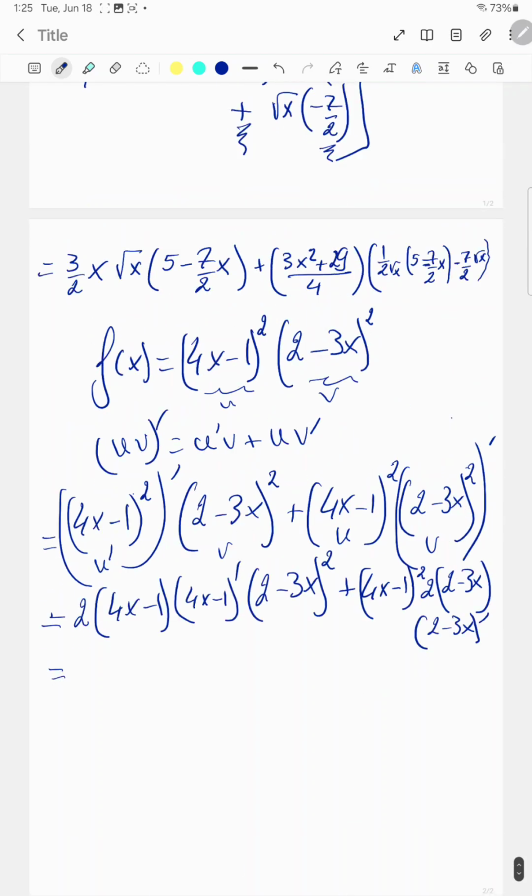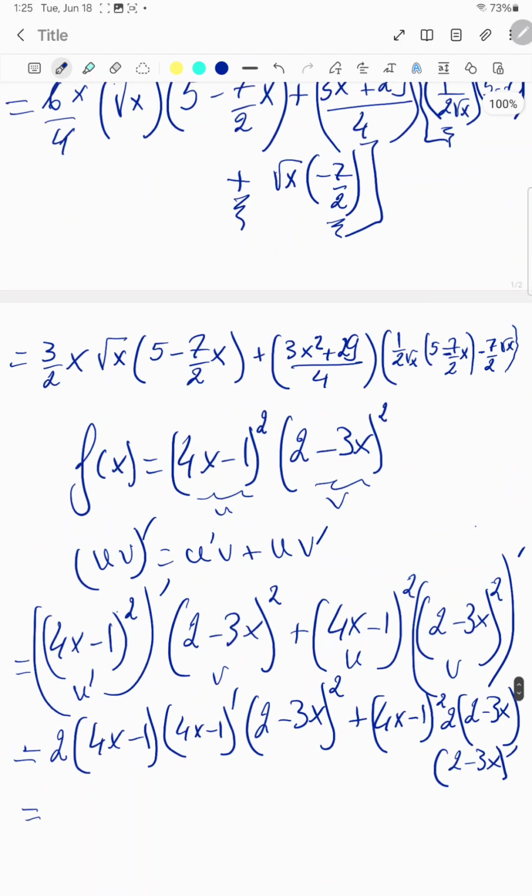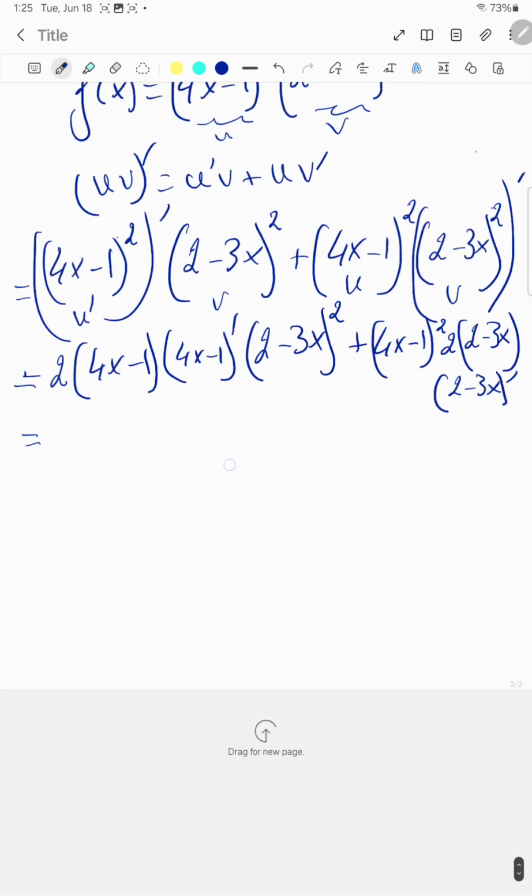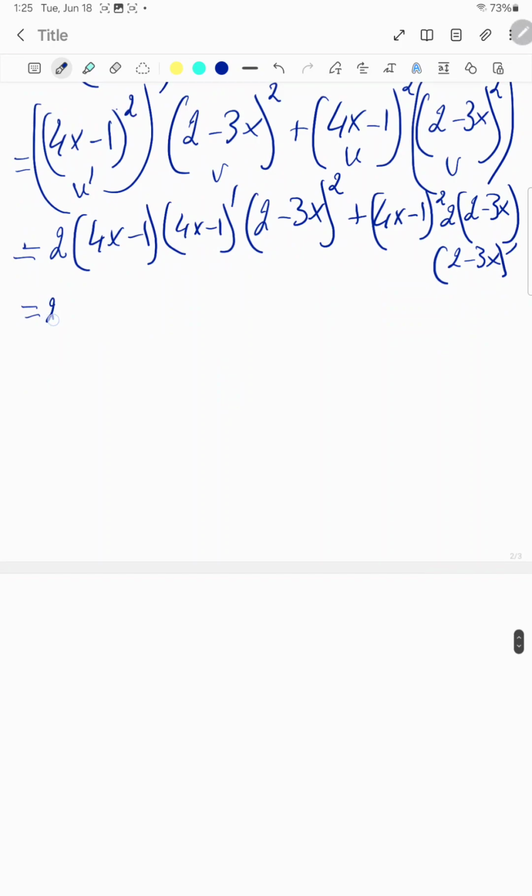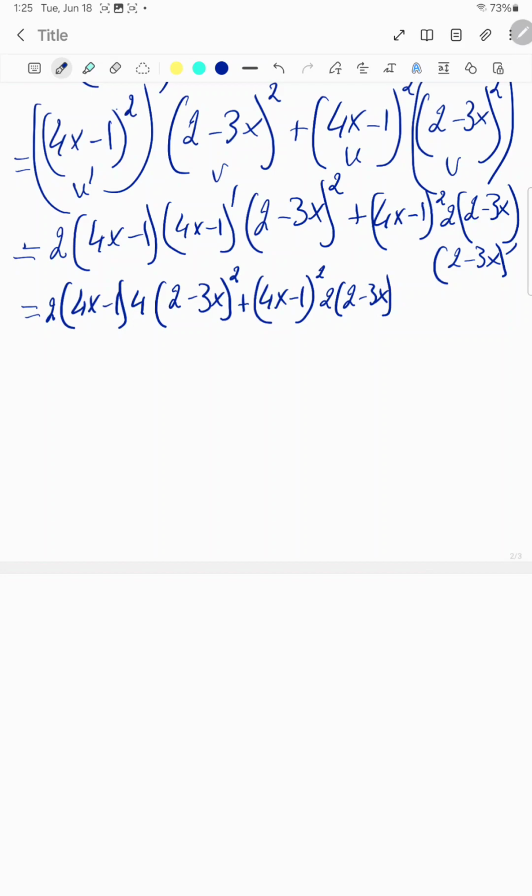So all that would be equal to 2 times (4x minus 1), and the derivative of 4x minus 1 is 4 actually, times (2 minus 3x) to the power of 2, plus (4x minus 1) squared times 2 times (2 minus 3x), and the derivative of 2 minus 3x is minus 3.